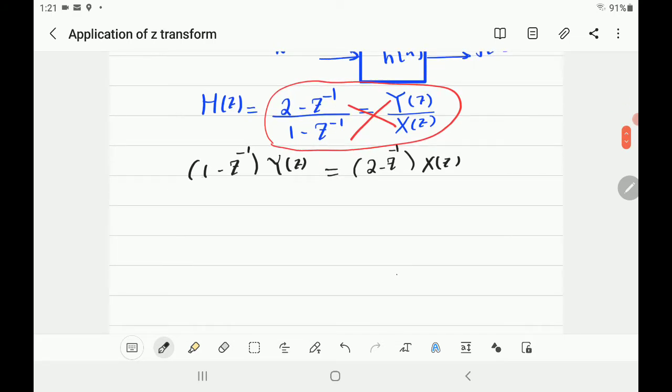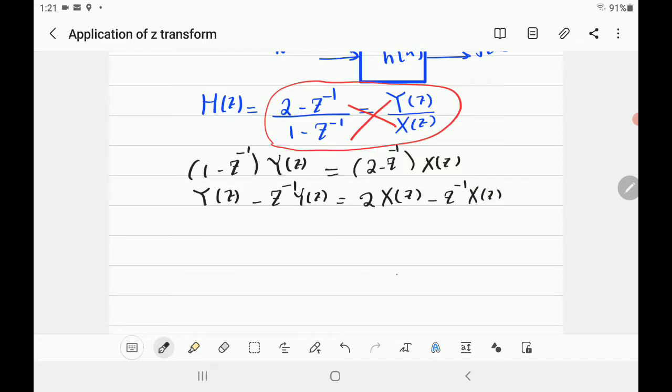Now let's solve it here. 1 times y of z will be y of z minus z to the power minus 1 y of z equals 2x of z minus z to the power minus 1 x of z.